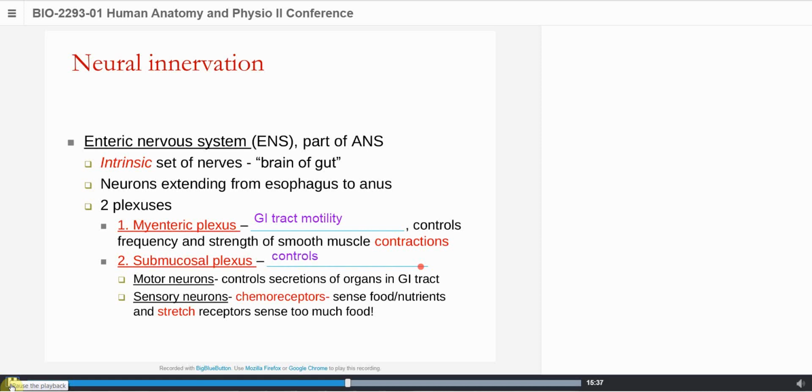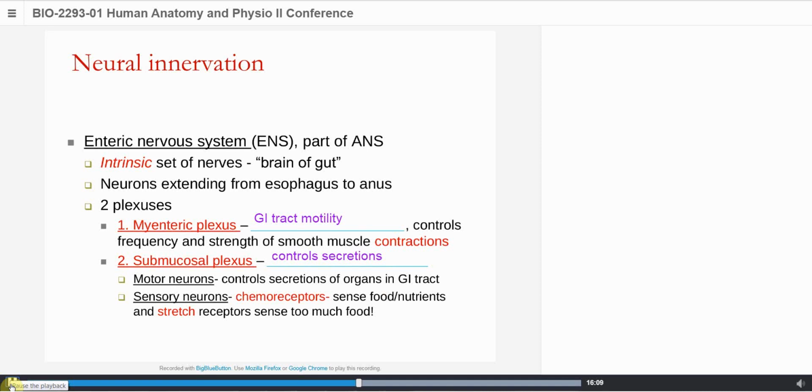This controls secretions. The motor neurons are stimulating the glands to secrete. Motor neurons tell things what to do, muscle to contract or glands to squirt. Then there are sensory neurons with the receptors I mentioned before, the chemoreceptors and stretch receptors that sense when food is there to then trigger secretions and the proper GI tract motility for where it is in the tube.